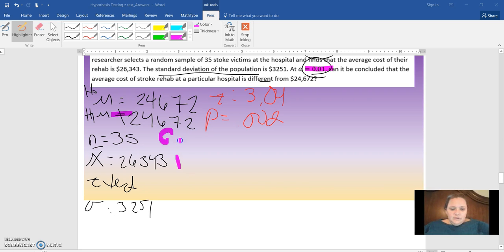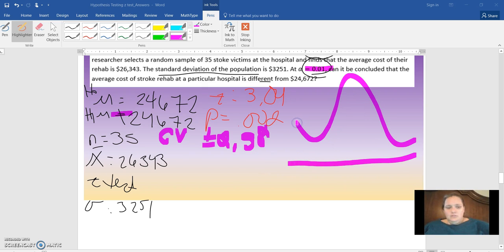Okay, so our critical value is plus or minus 2.58. All right, and so if we draw our curve, mean, 1, 2, 3. All right, and we're right here, negative 2.58. All of this is shaded.